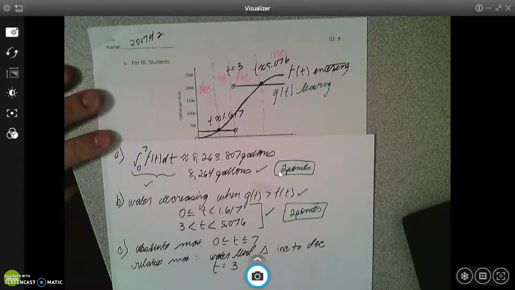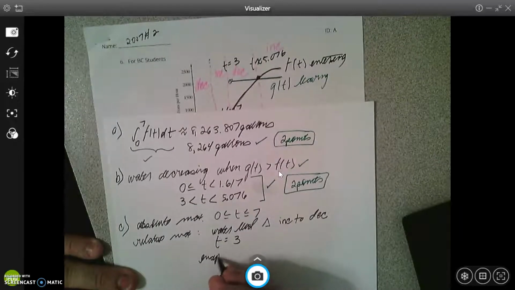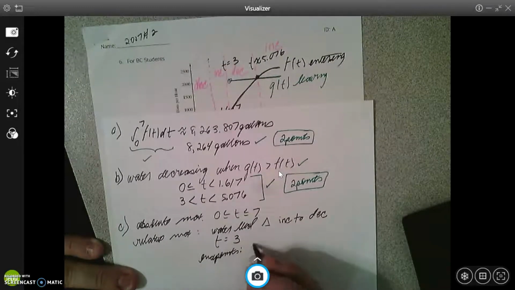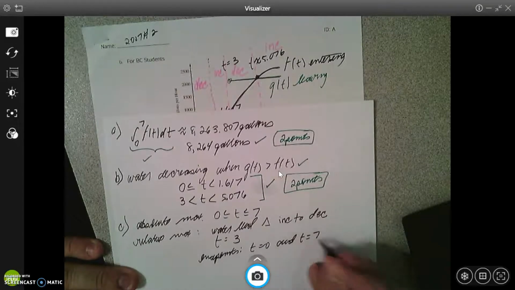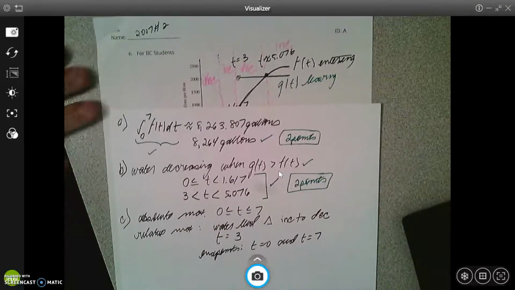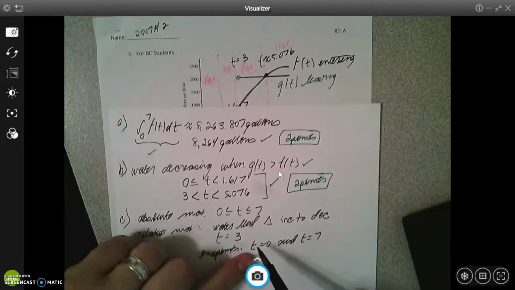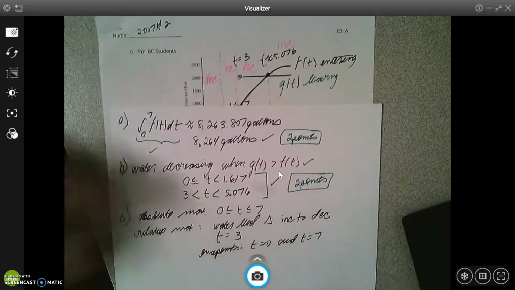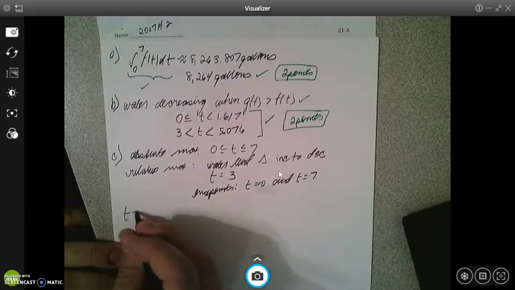What I need to do now that I've got my internal candidate, we have our endpoints. The endpoints are t equals 0 and t equals 7. What I need to do is determine the amount of water that I have at each of these 3 places. Well, let's do it.